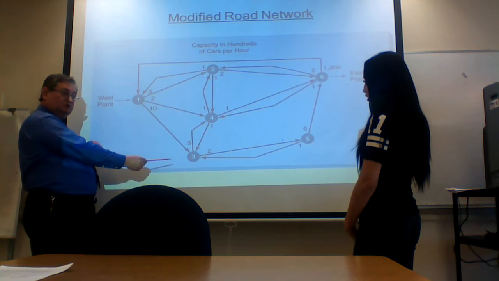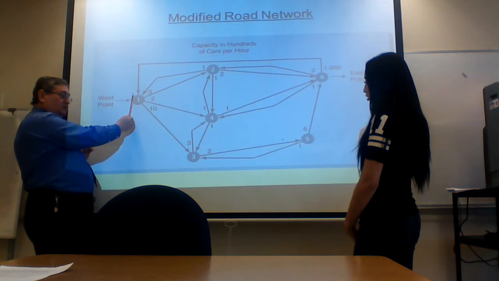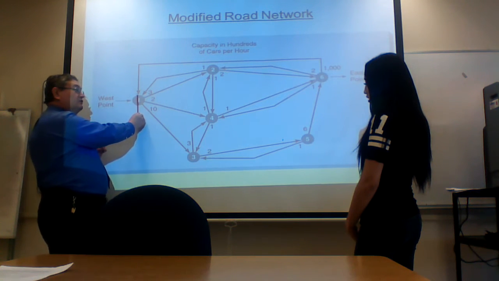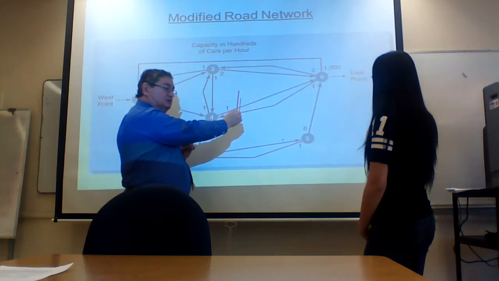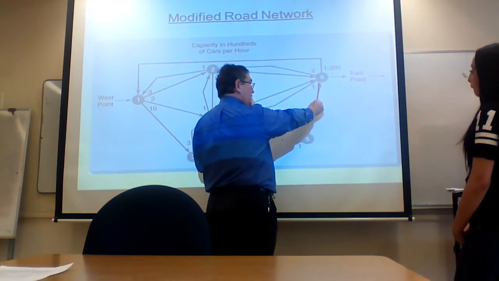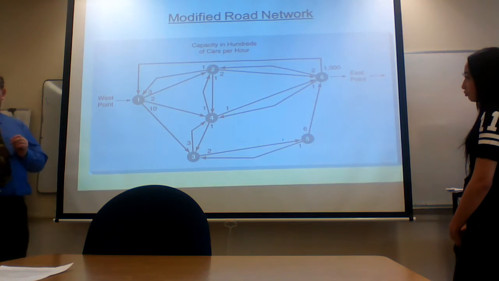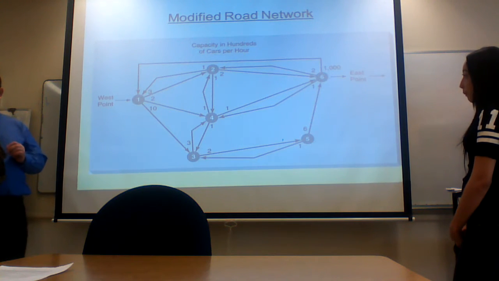And what we want to do is find out the maximum amount of cars that can depart from here through the system, go all the way to point 6, and then be able to come back. And we want to see how this is going on.